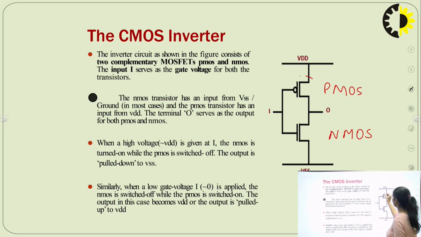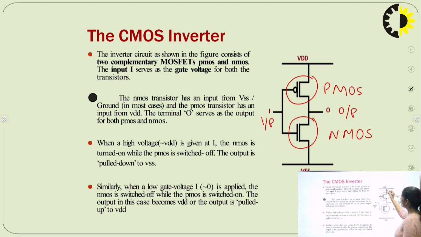Here this is the symbol of PMOS and this is the symbol of NMOS. Here you give the input, and here we get the output. The PMOS terminal is connected to VDD, and one NMOS terminal is connected to VSS, or ground.